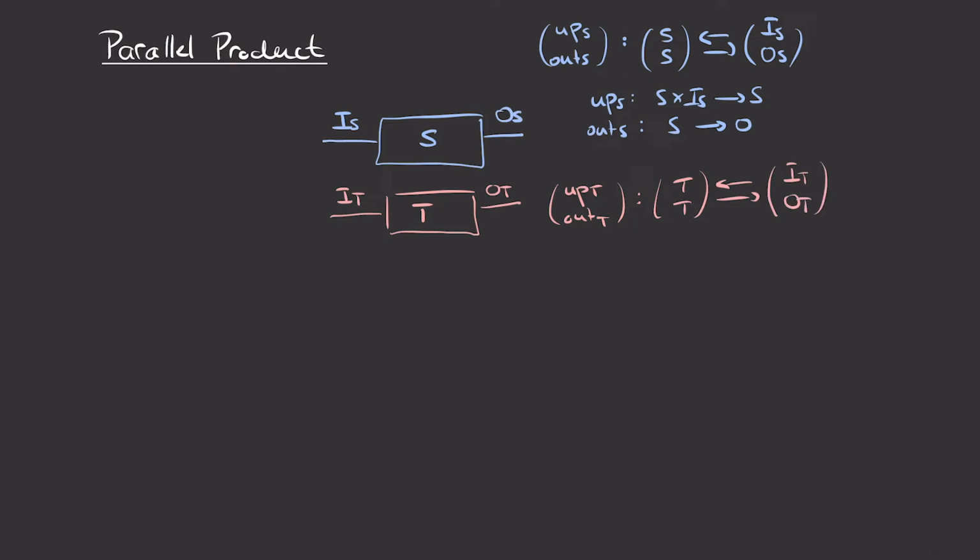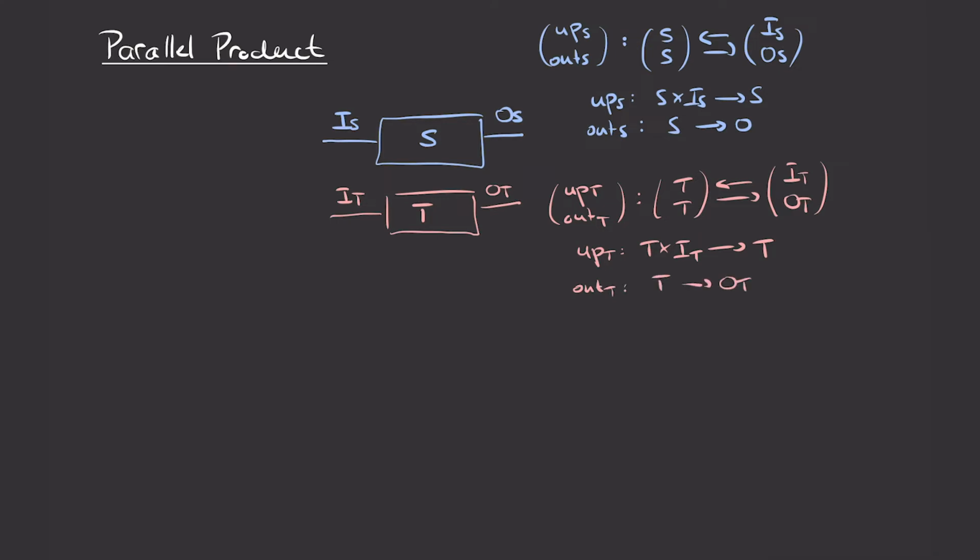So it's exactly the same thing as with S, just we've replaced every subscript S with a T. So I'll just write out the signatures of these update functions quickly so that we can have them for later reference. So up T goes from T cross IT to T, and out T goes from T to OT.